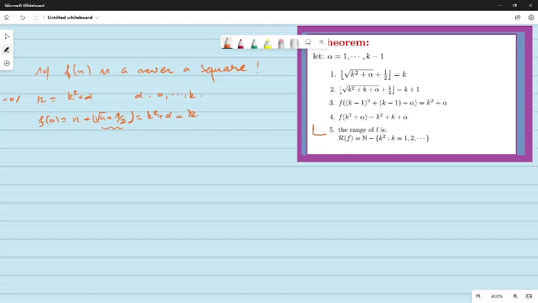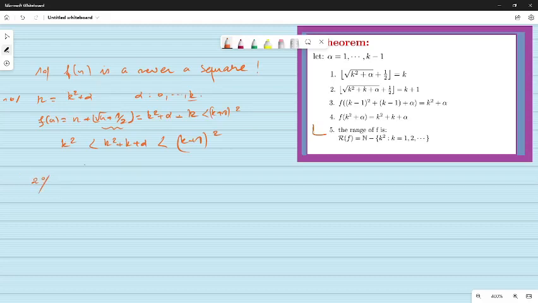It is equal to k square plus k plus alpha, it is strictly between k square and k plus 1 square, because this is less than k plus 1 square, because alpha is less than k. Then in the first case f of n gave no square.